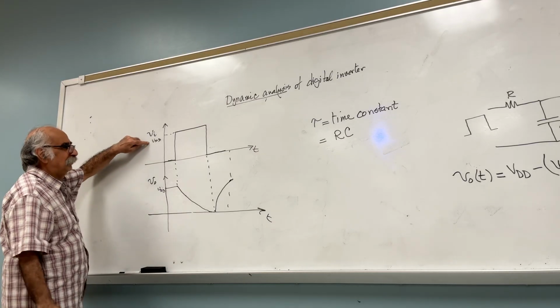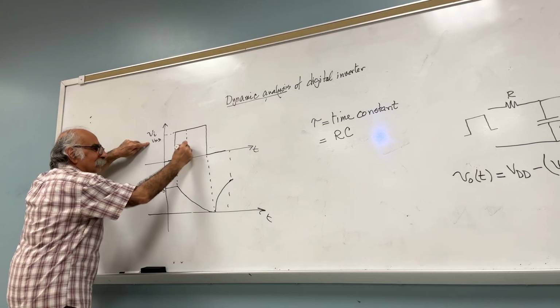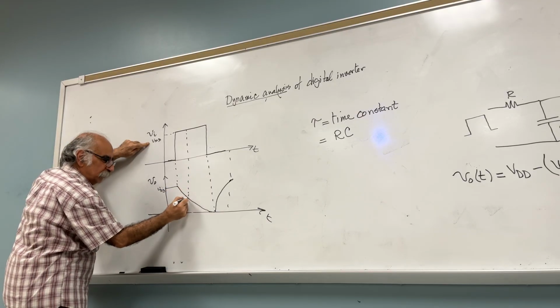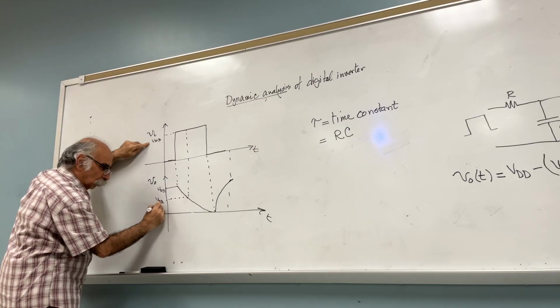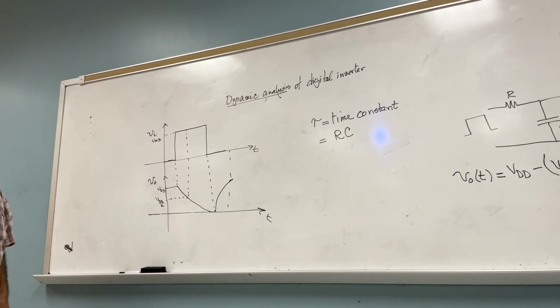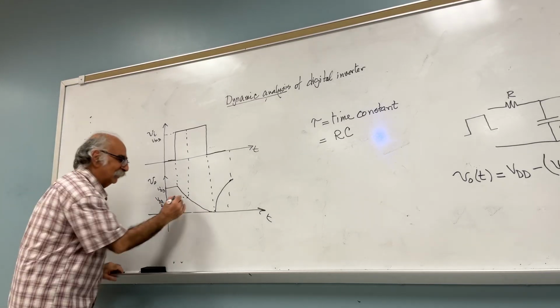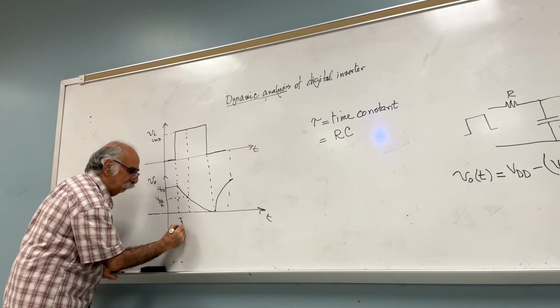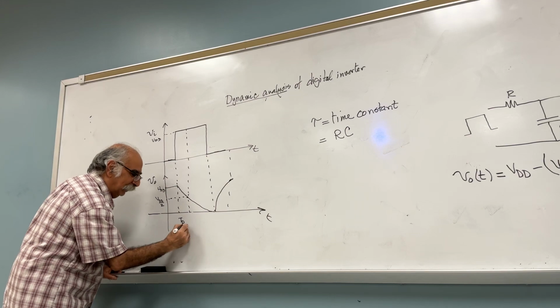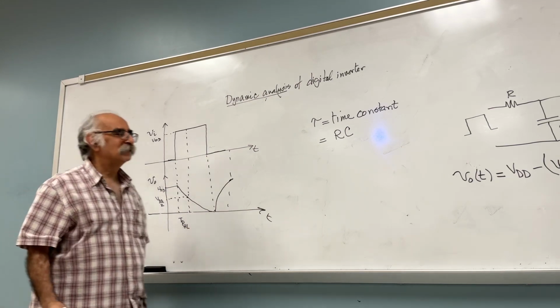What is this? VDD. When you reach VDD over 2, this is called what? TPHL. What is TPHL?